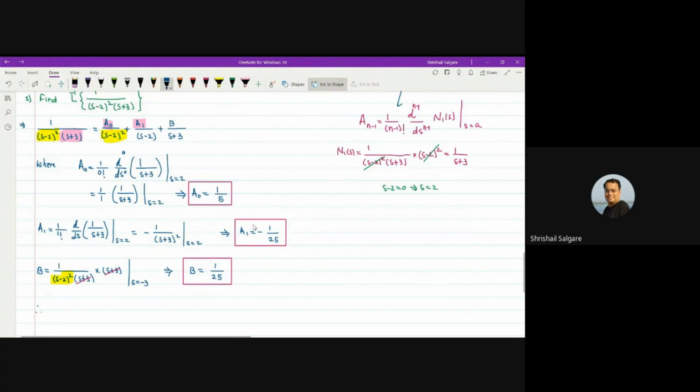L inverse of the first one, the left side, 1 upon s minus 2 square into s plus 3, can be written as L inverse of a naught is 1 upon 5 into s minus 2 bracket square, plus a1 is minus 1 upon 25 into s minus 2, plus 1 upon 25 into s plus 3.